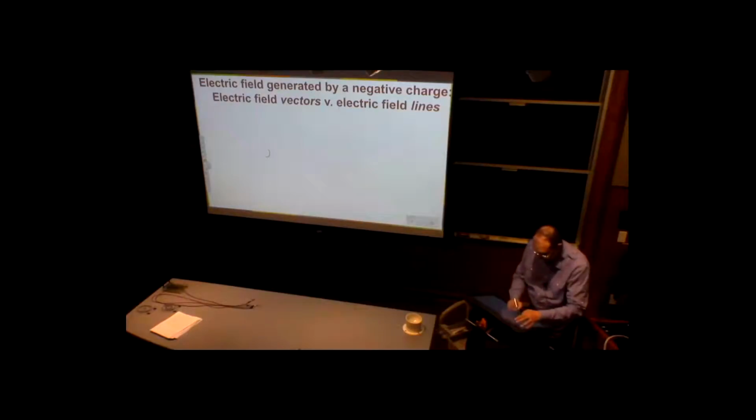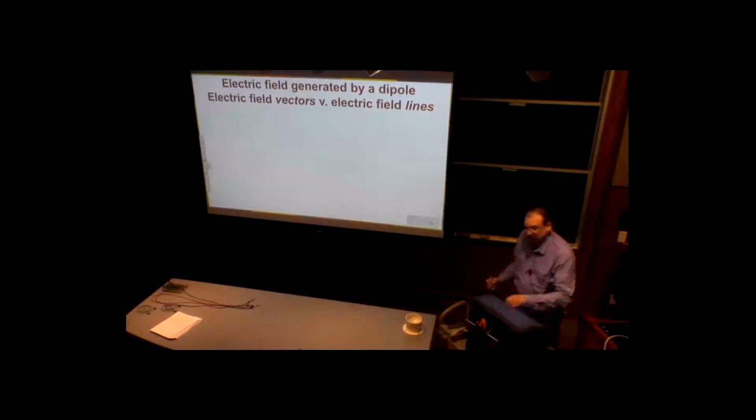Well, actually, let's make it blue. A vector, another vector, another vector. If I don't want to draw all possible vectors, I can draw a line. This line represents all possible vectors. And for a negative charge, electric field lines are radial but point toward the charge. That's the picture.